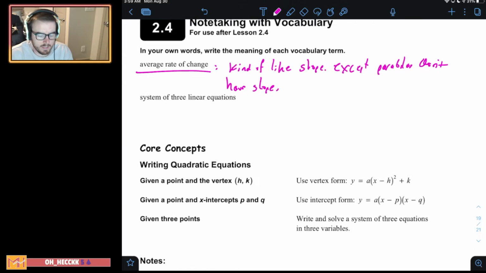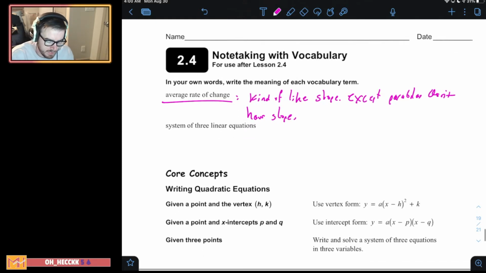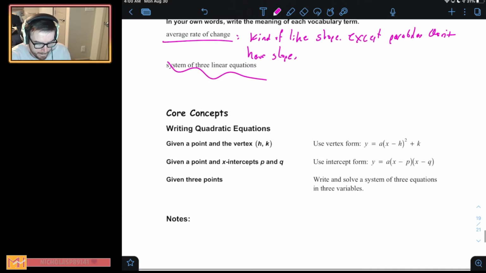Like what is the average change throughout? Because it changed quickly here, but as the parabola slows down, if you average those all together, that would be your average rate of change. And then we don't care.